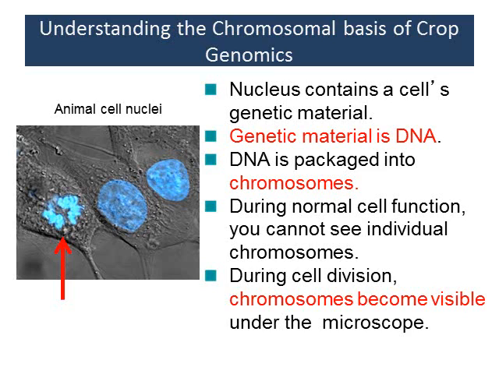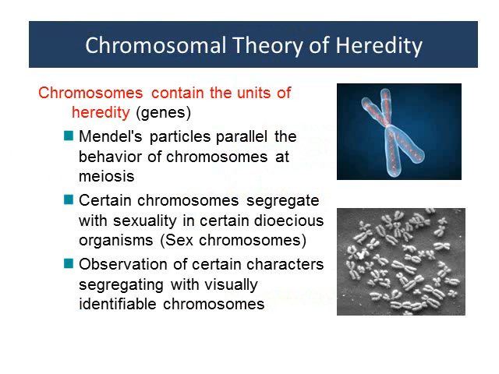DNA is packaged into chromosomes, individual chromosomes. During normal cell function, you can't see the individual chromosomes, but during cell division, chromosomes become visible under the microscope. Chromosomes contain the units of heredity. These are genes. Mendel's particles, his factors he talked about, parallel the behavior of chromosomes.